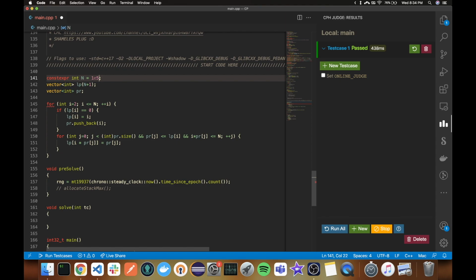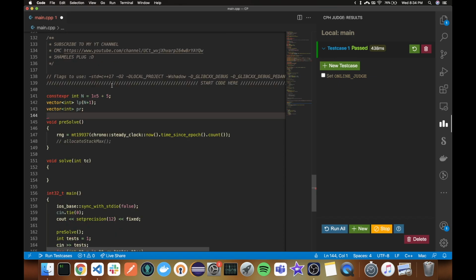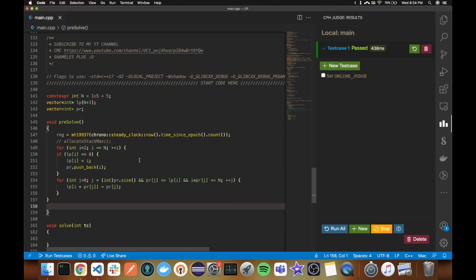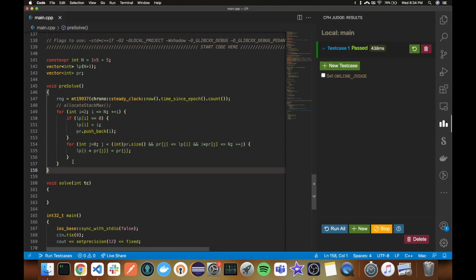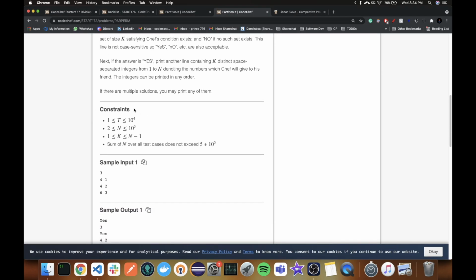Okay, so I have prime numbers. And yeah, this works, I guess. I can't bother formatting it.